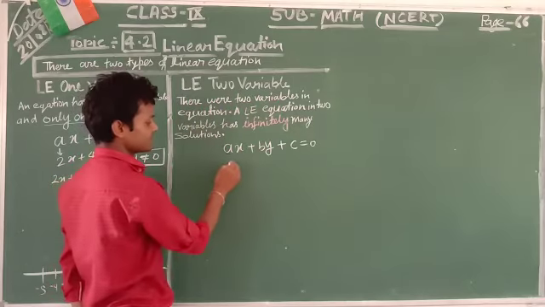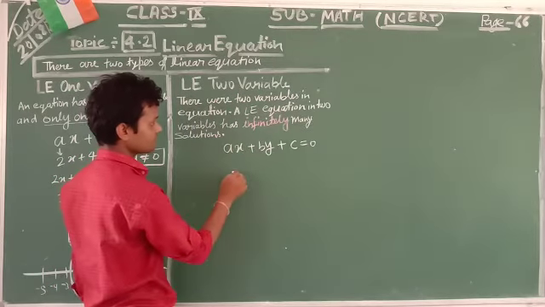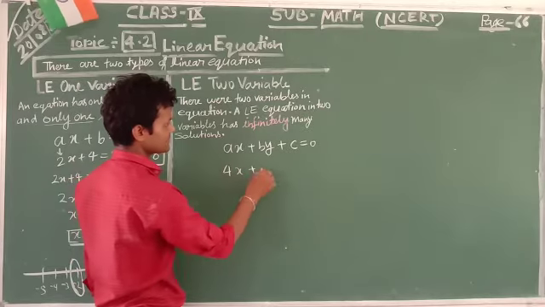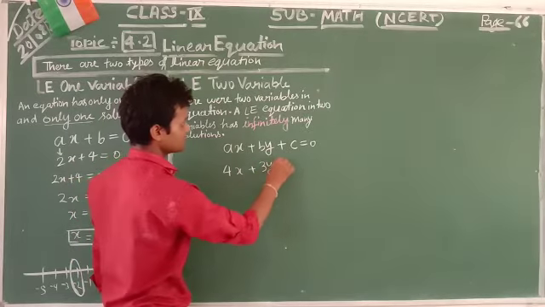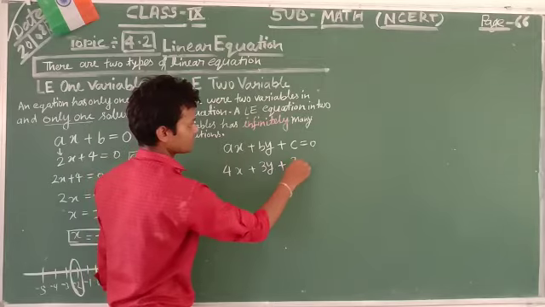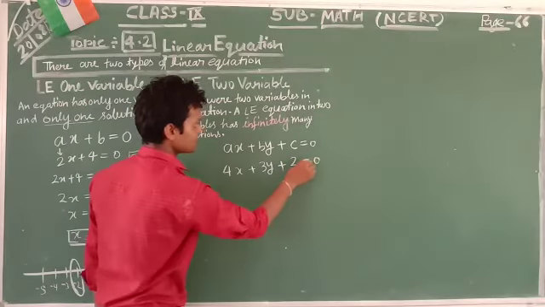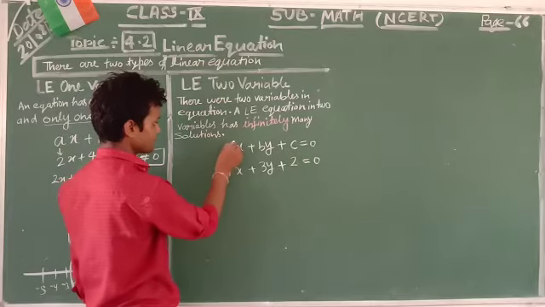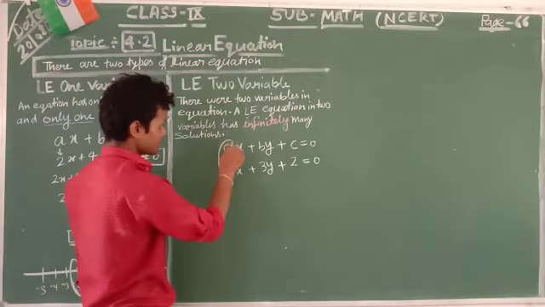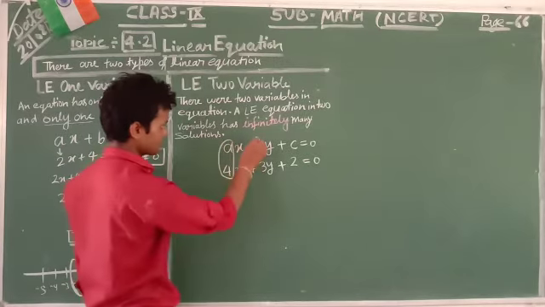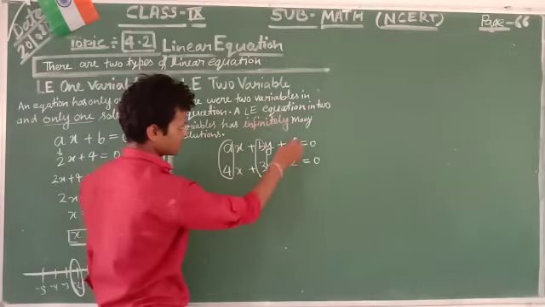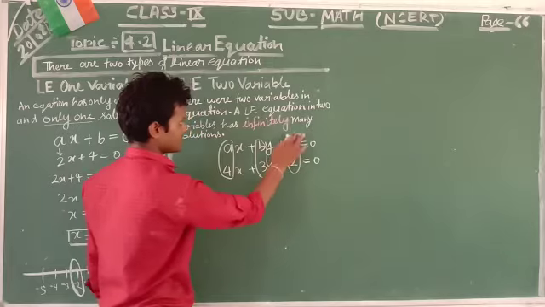So I write here a similar example with numbers: 4x plus 3y plus 2 is equal to 0. You look here, a is 4 and b is 3 and c is also a constant.